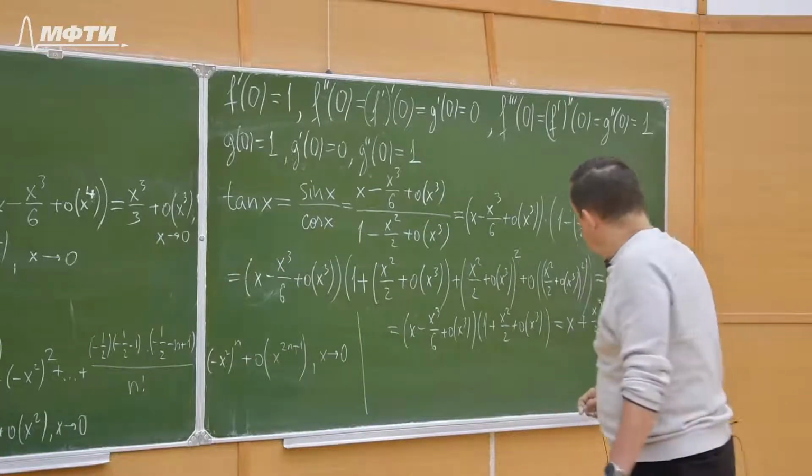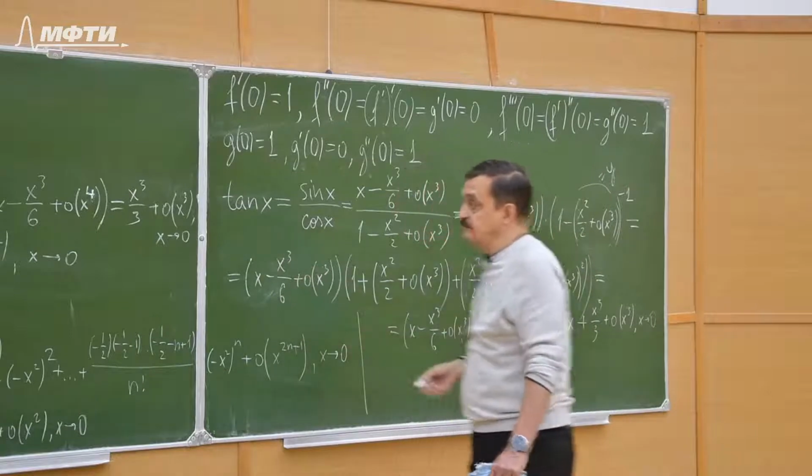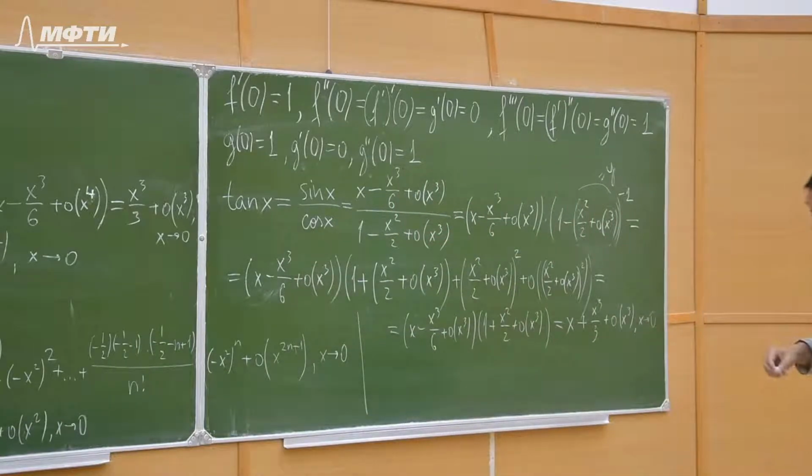So we have obtained the Maclaurin expansion for tan x, up to power 3.